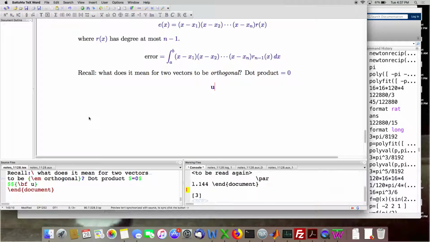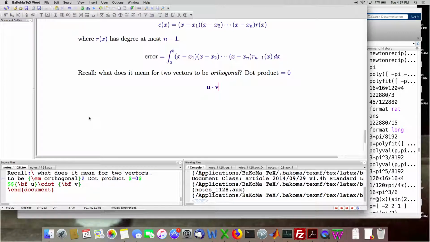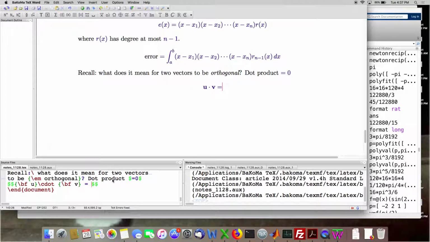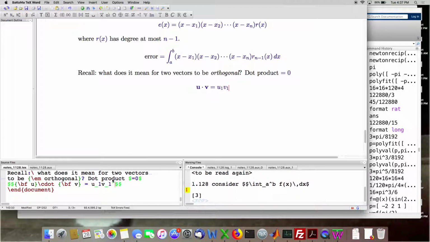If I have two vectors, I'll write the dot product this way. So you remember how a dot product is computed from two vectors. What do you do? Yes, you multiply corresponding components and you add them up.